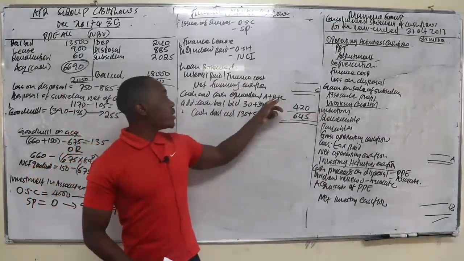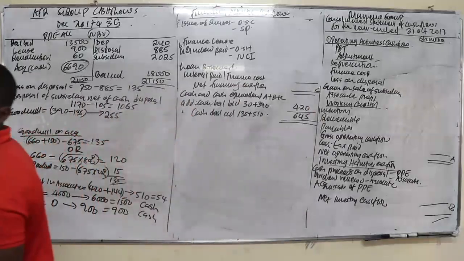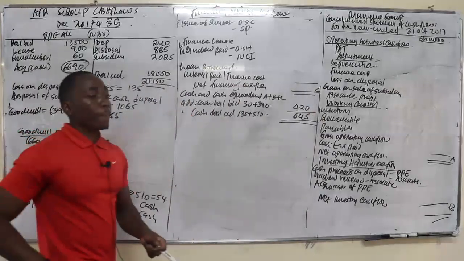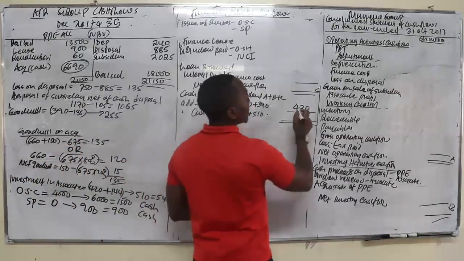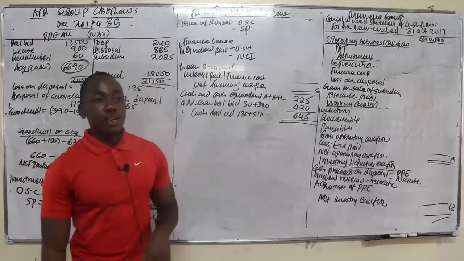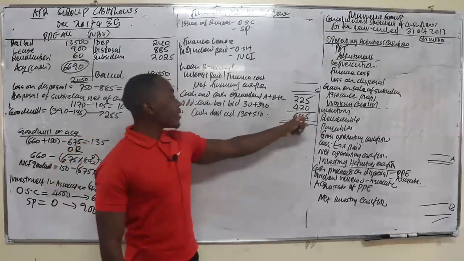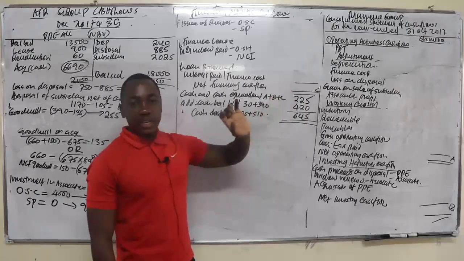Can someone give me A plus B plus C? 220? Correct. If you take X plus 420, you should get 640. Those are 3 marks, right?